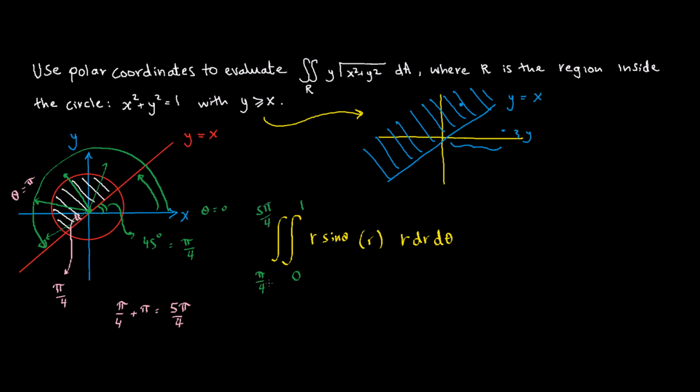Okay, so now we have the limits, we have the function, we can integrate. So I'm going to rewrite this from 0 to 1, pi over 4 to 5 pi over 4. Here we have r and another r. We have r cubed sine theta. We can go dr d theta.